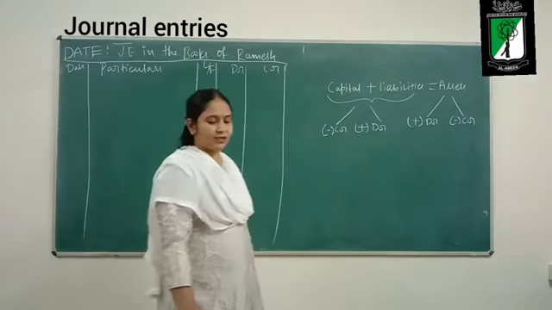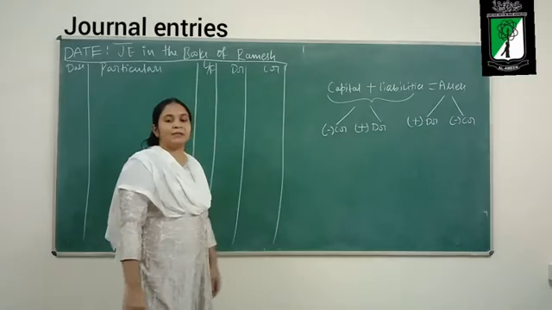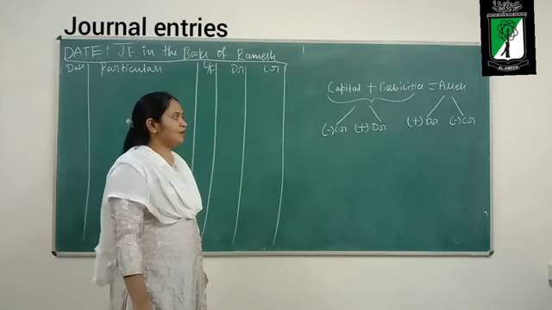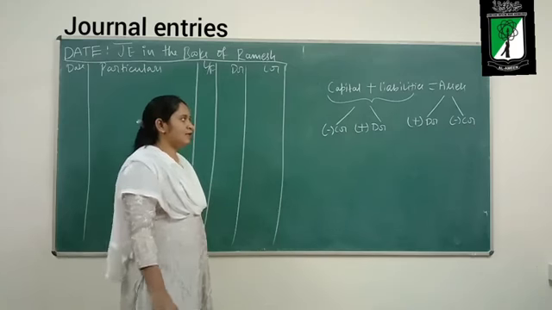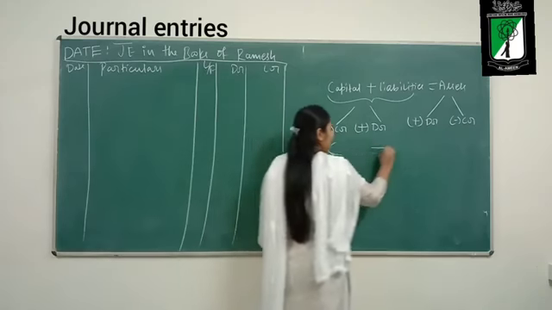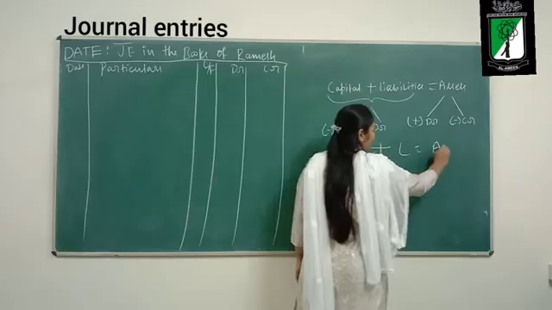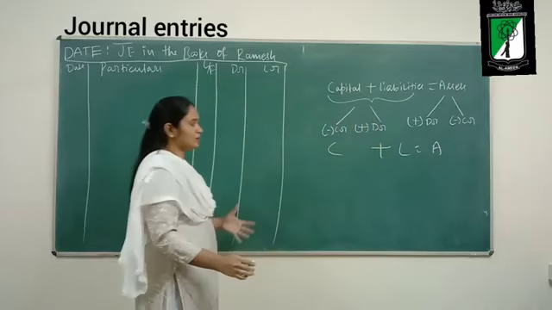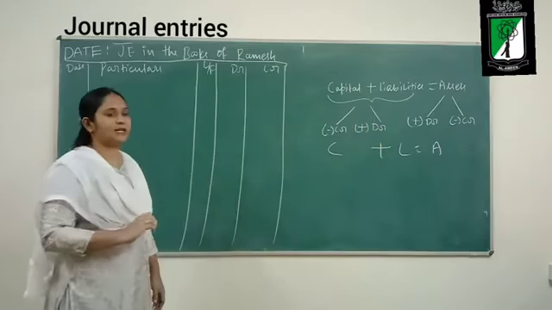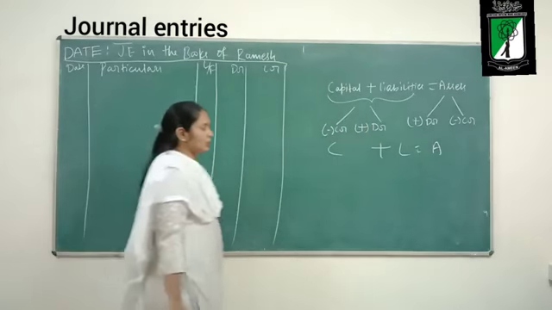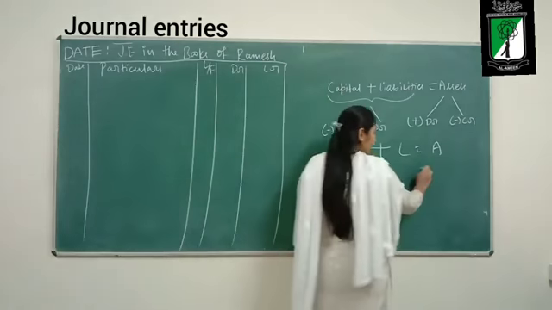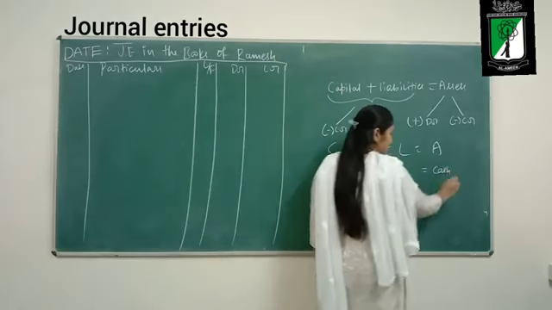First transaction: Ramesh started business with cash rupees 50,000. You have to record all the transactions from the viewpoint of the business. Cash is coming into the business.